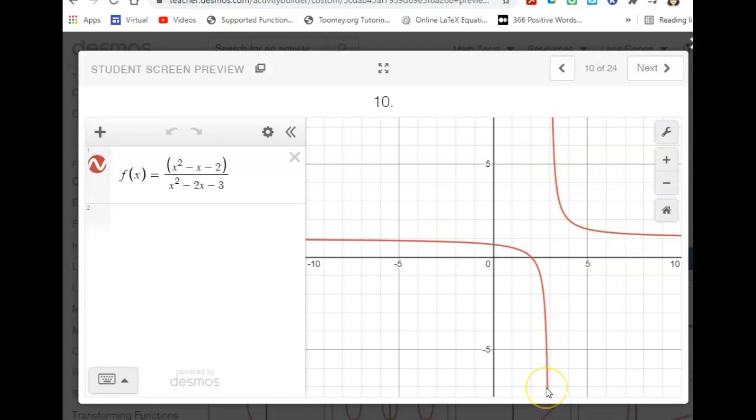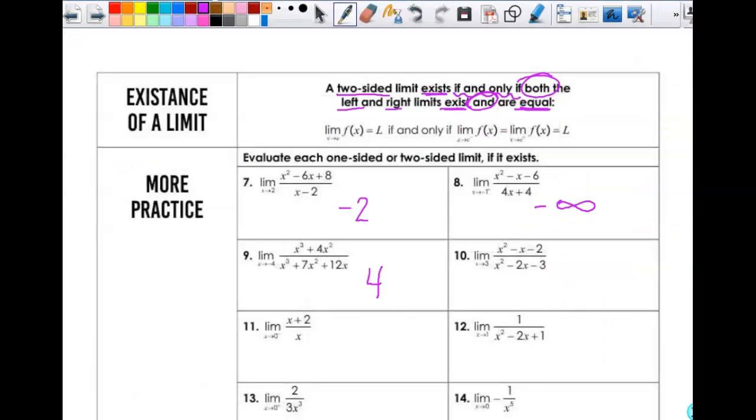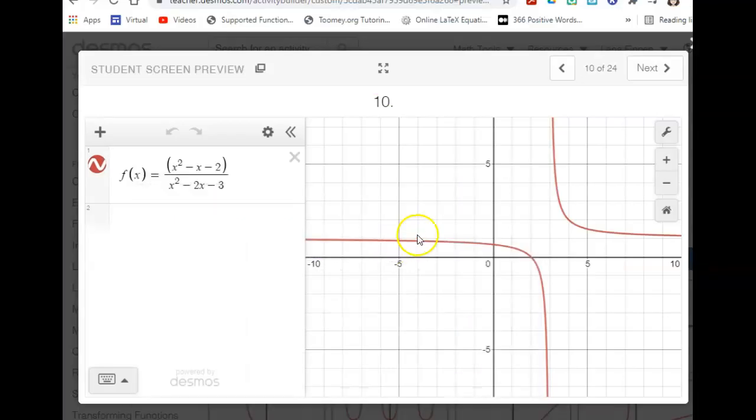And since they're different, that means it does not exist. Once again, when I'm coming from the left and the right, I'd have to get the same thing in order for me to have an answer.